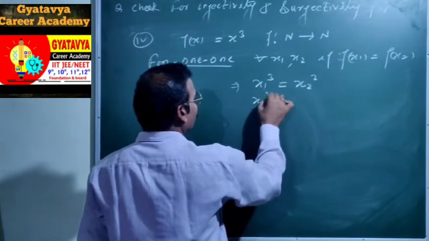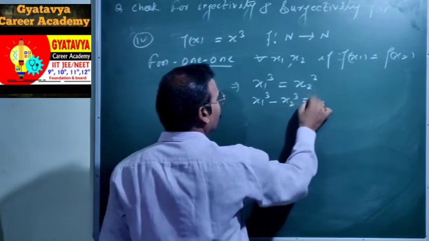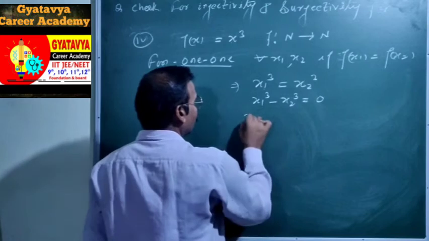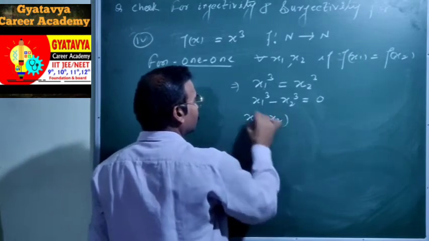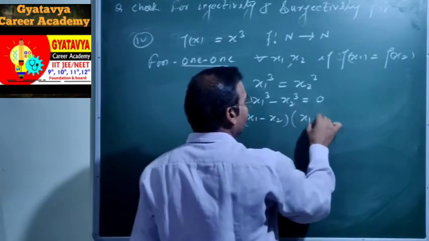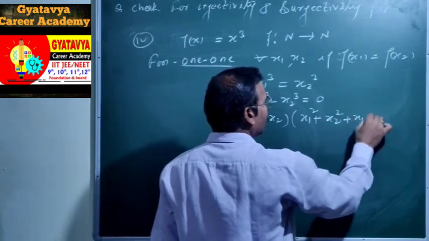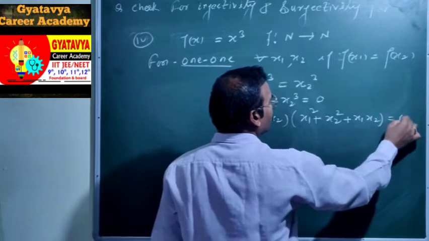So x1 cube minus x2 cube equal to 0. Now use the identity of a cube minus b cube. So (x1 minus x2)(x1 square plus x2 square plus x1 x2) equal to 0.